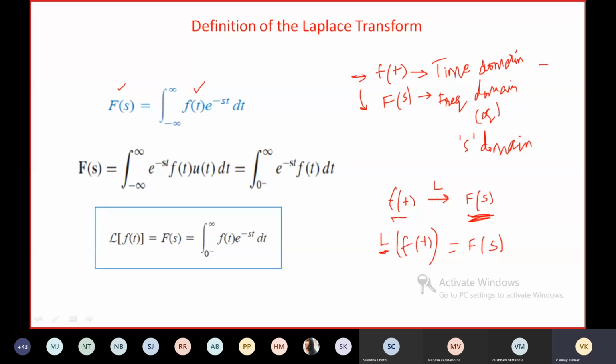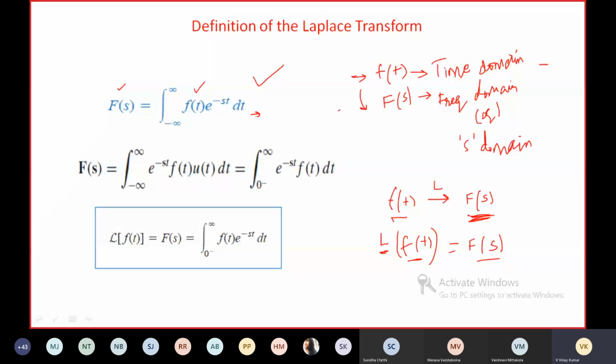Use the Laplace transform tool to convert time domain into frequency domain, or time domain into S domain. This is a time domain function, whereas this is an S domain function or frequency domain function. Here we have the definition. By definition, we have this formula. F of s is equal to integration from minus infinity to infinity f of t e power minus s t dt.